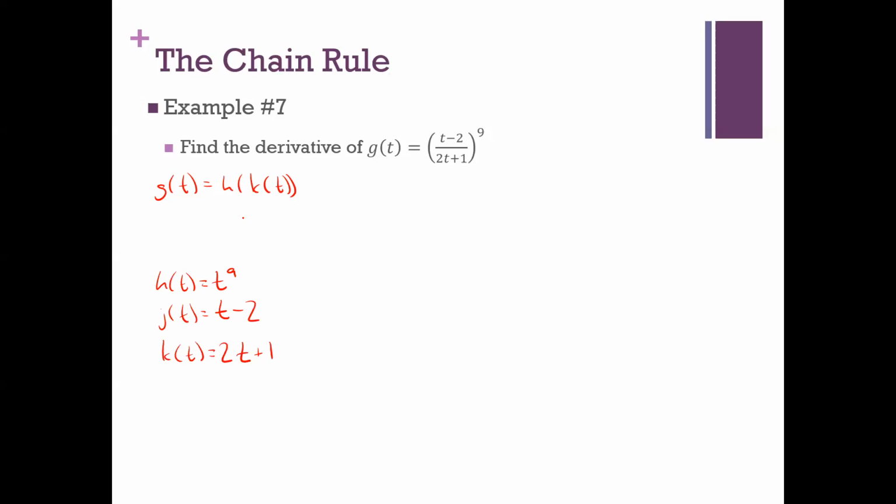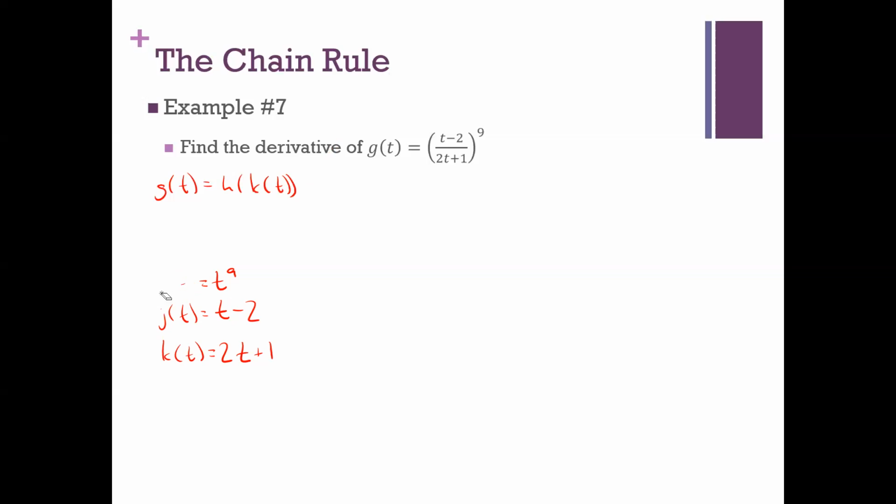So sometimes it's a good idea, once you break this down in your head, to make sure that what you've done is correct. Because for example, if you treated this as j composed with k, or vice versa, you would not wind up in the right place.